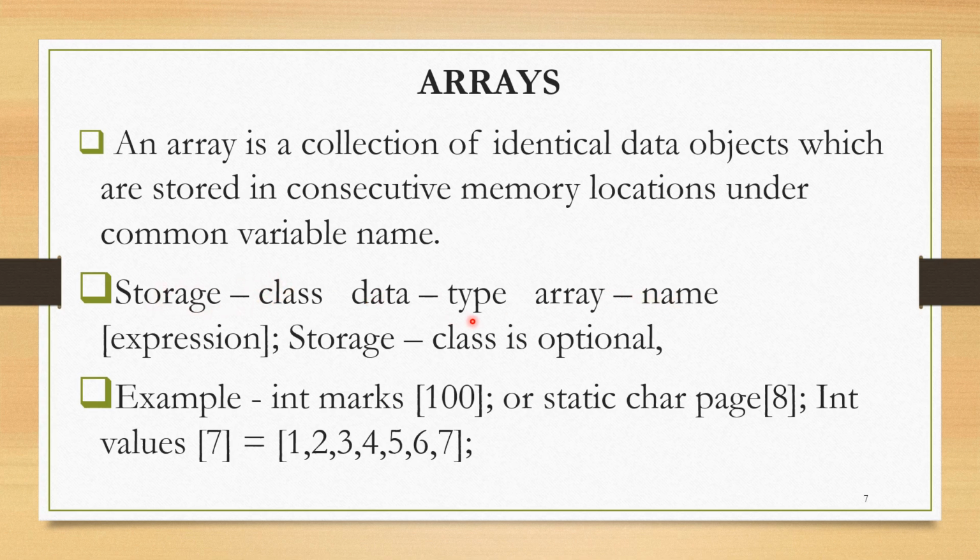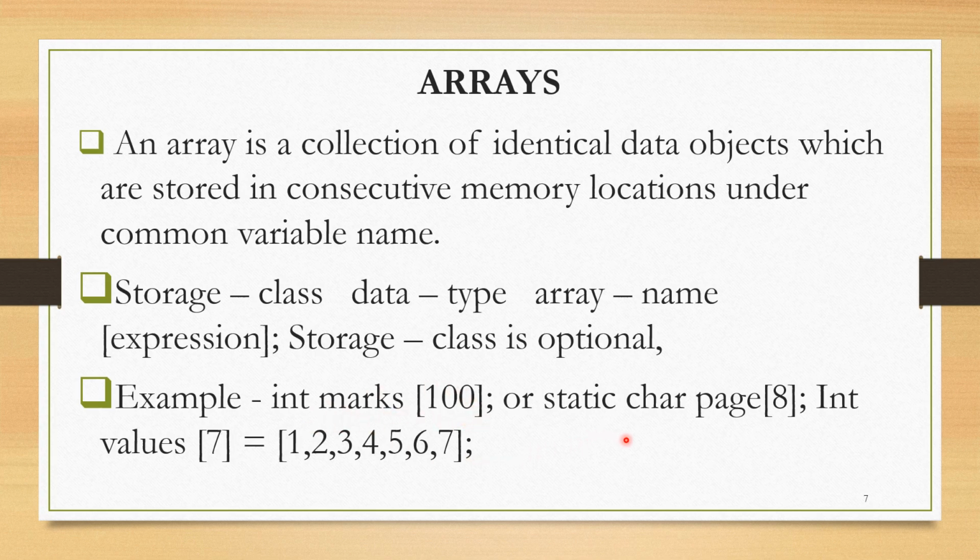The other two, type and name, are compulsory. For example, int marks[100]. The integer array marks has 100 consecutive memory locations of the same data type, integer.